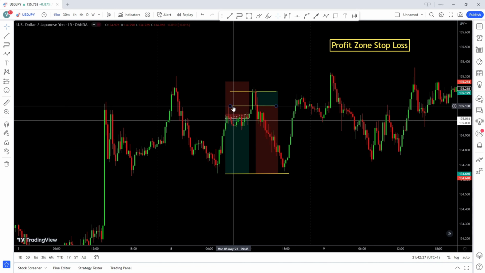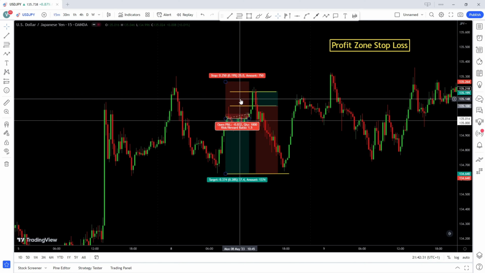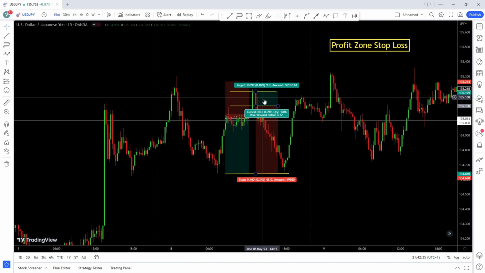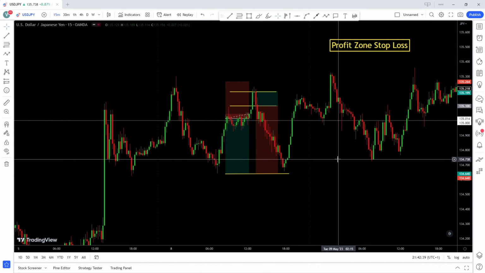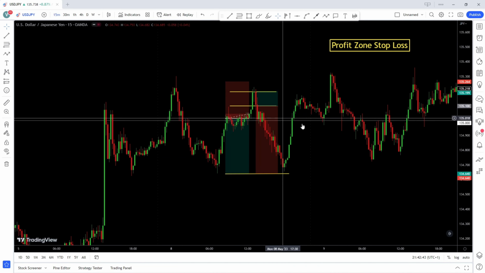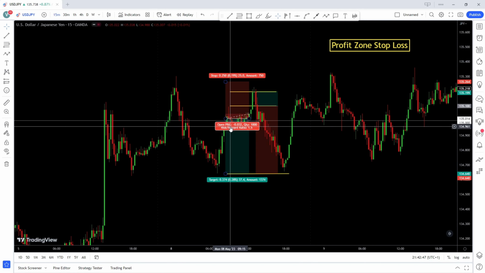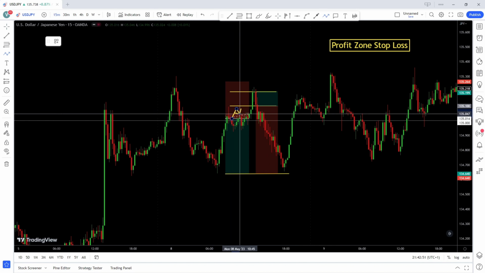But the point of this is that now we have an ultra wide stop loss that gives the market a lot more room to breathe, and at the same time we actually profit from that wide stop loss. So it's hugely beneficial. There is a fourth scenario which will happen as well, which is that the price will, for example, push up like this.